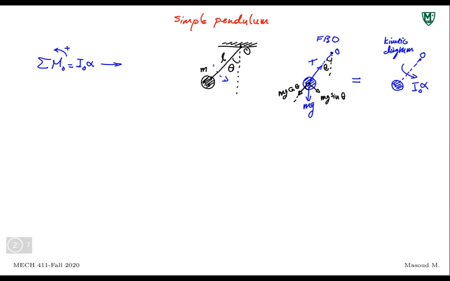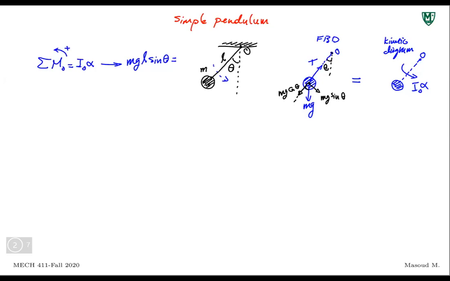I'm considering this pendulum as a particle. So that will give me, and it's going to be positive, considering that I took this direction as positive direction, mgL sine theta. No other force, as I said, T is passing through point O, mg cosine theta is passing through point O, so we're all good, is equal to IO alpha.